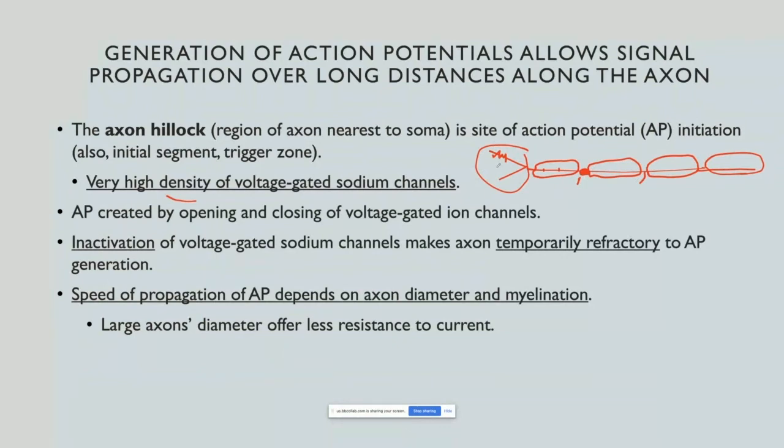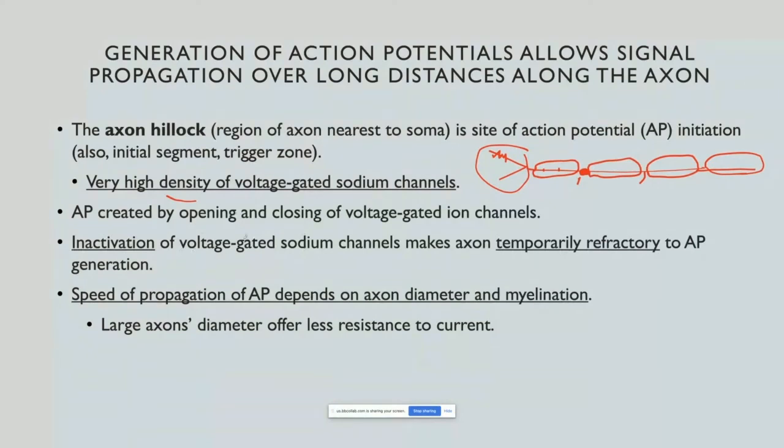Okay, the action potential is this transmission of electricity created by the opening and closing of different types of voltage-gated channels. It can be sodium channels or potassium channels. These sodium channels, when there is a certain voltage inside the cell, may also be inactivated.